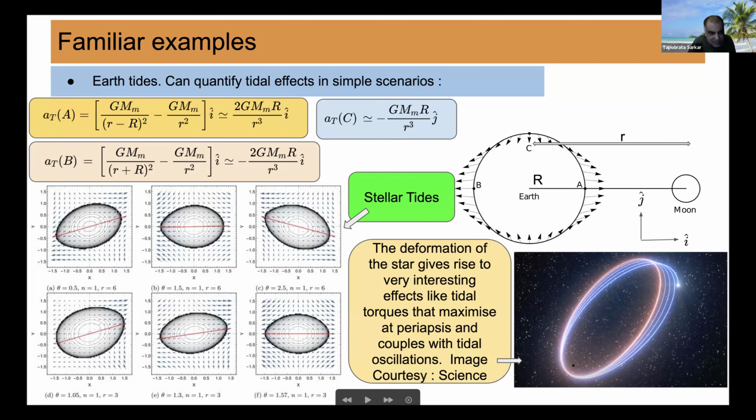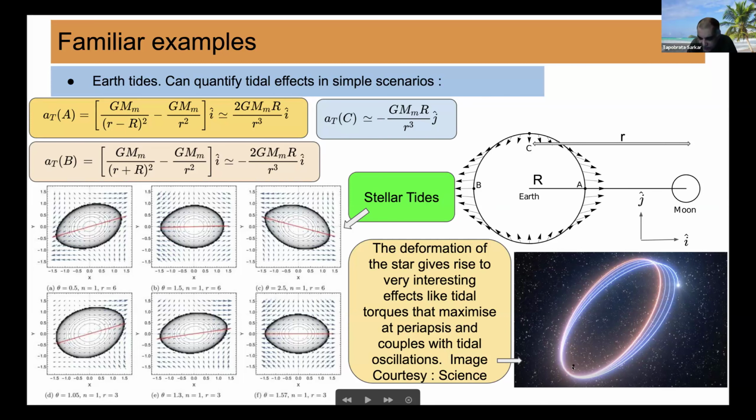So when a star is stretched, this is a figure I've taken from some work on Kerr black hole equatorial orbits. Don't worry so much about the exact field lines. The point is that when a star is going around a black hole like this in a stretched position, it is not hard to believe that because of the stretching on these sides, there are torques which will maximize at periapsis.